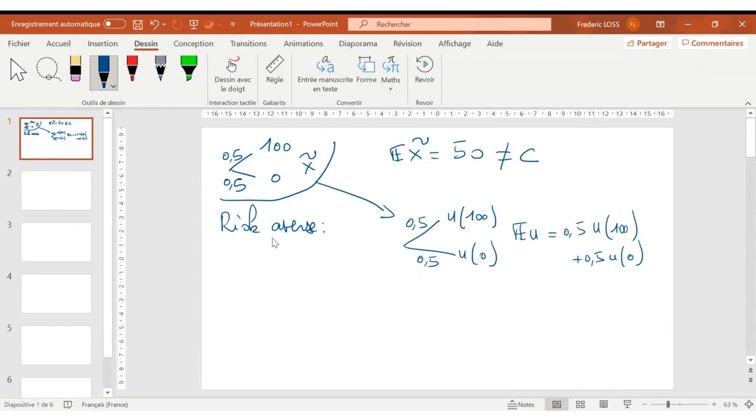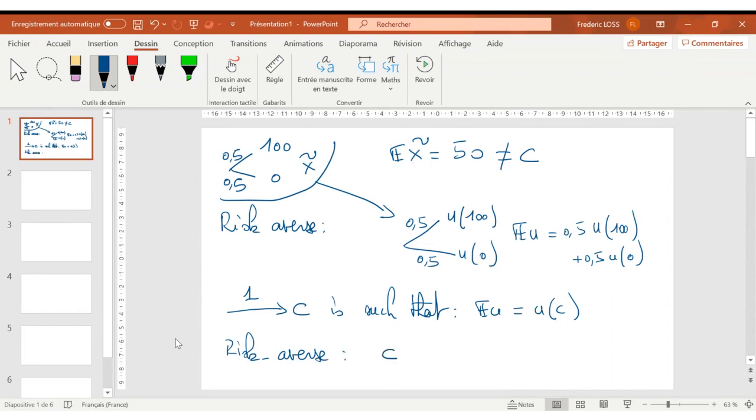So the question is, what is C that you are going to receive with probability equal to 1? C is such that E of U equals U of C. And there is no longer expectation, because you are going to receive C with probability equal to 1. If you are risk averse, what do you think about C compared to 50?